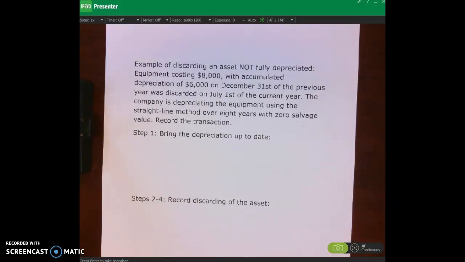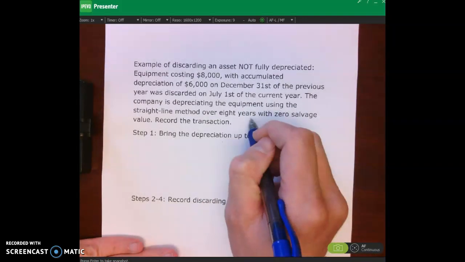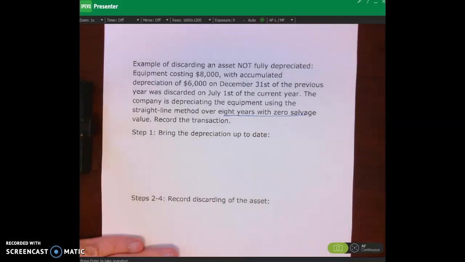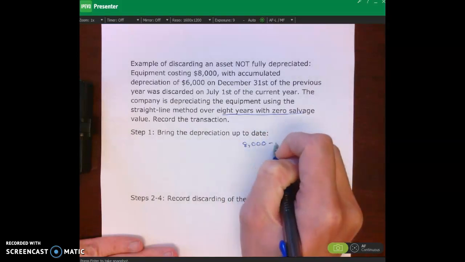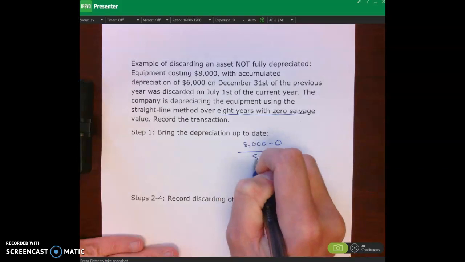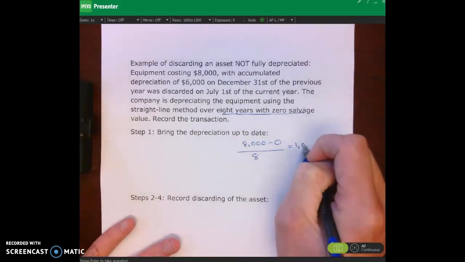So that means we have to calculate depreciation expense. So it has 0 salvage value, straight line, and 8-year useful life. So I'm going to take my 8,000, my asset cost, minus my salvage value of 0, divided by my 8-year useful life, gives me $1,000 a year.